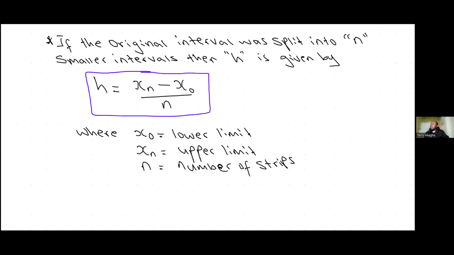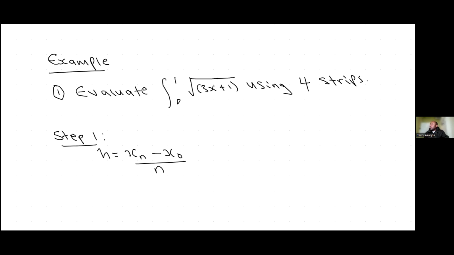So what is our xn here? Our xn, which is the upper limit, is 1. What is our xo? Our xo, which is the lower limit, is 0. And n is the number of strips.